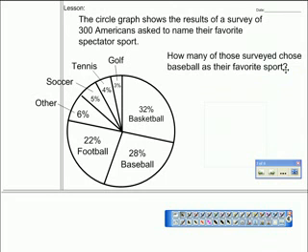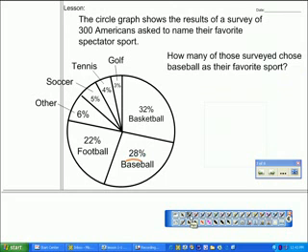All right. How many of those surveyed chose baseball as their favorite sport? Well, how many chose baseball, percentage-wise? 28%. How many people were surveyed? 300. So how many people? How would I find that? Add, subtract? No. Nope.